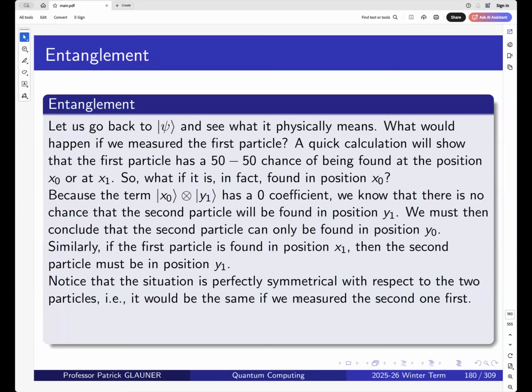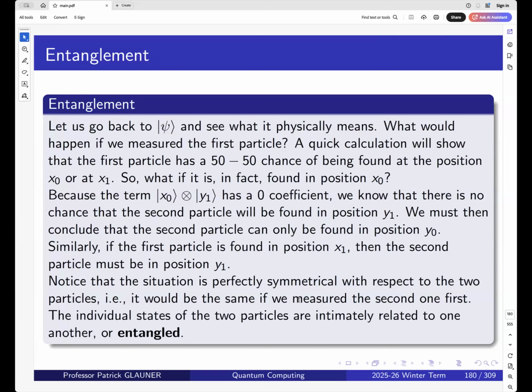So if I first measured the second particle either in position 0 or 1, I would have also automatically measured the first particle. And if this happens, then the two particles are very related to each other, and we call this that they are entangled.